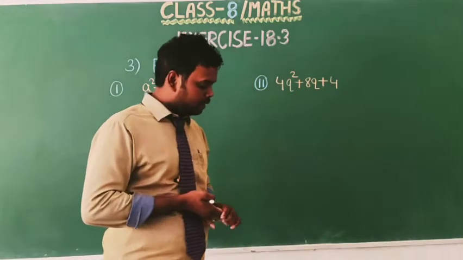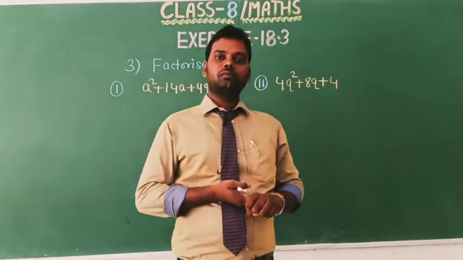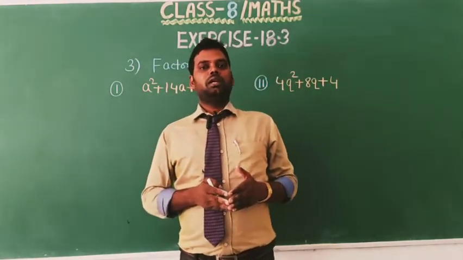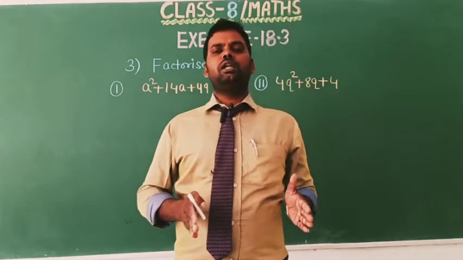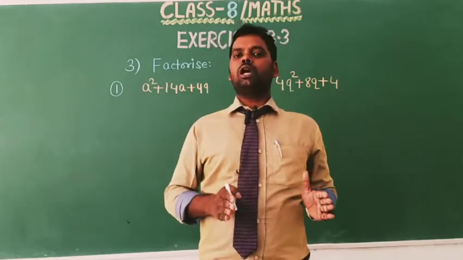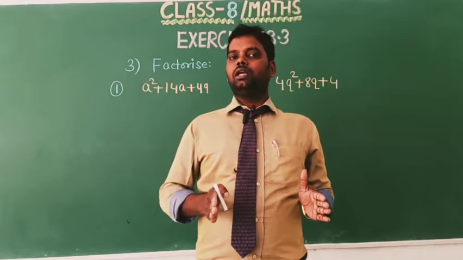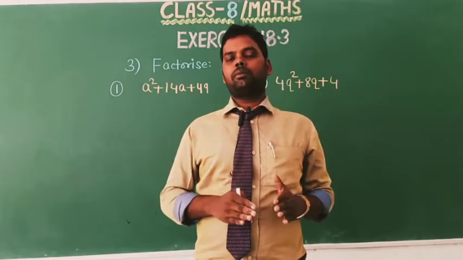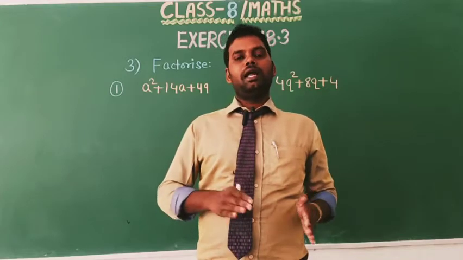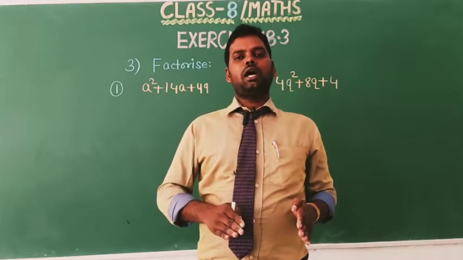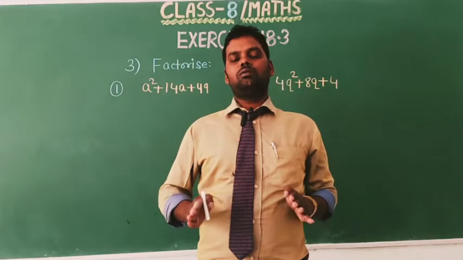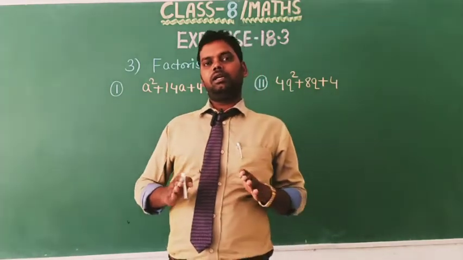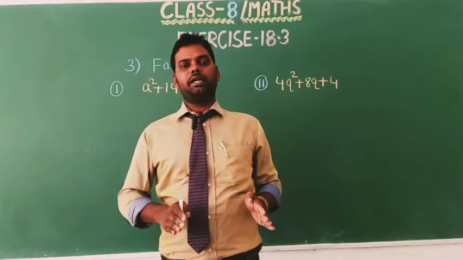Okay, so dear children, we will use the identities: a plus b whole square equals a square plus b square plus 2ab, a minus b whole square equals a square plus b square minus 2ab, and a square minus b square equals a plus b in one bracket and a minus b in the other bracket.